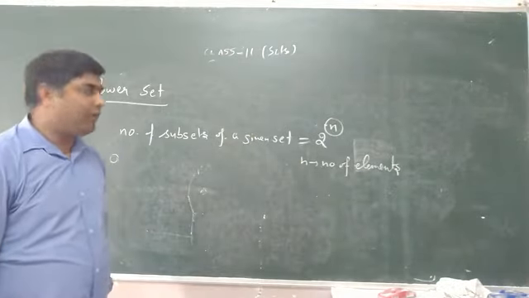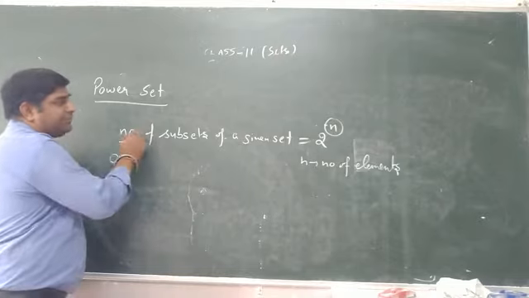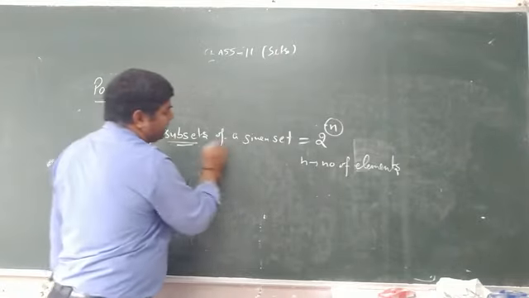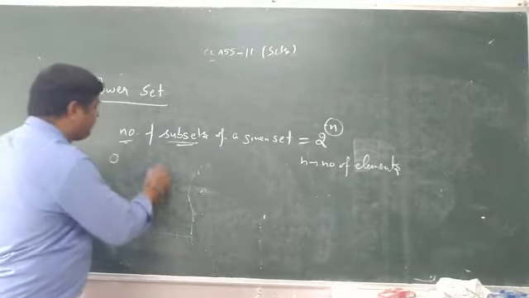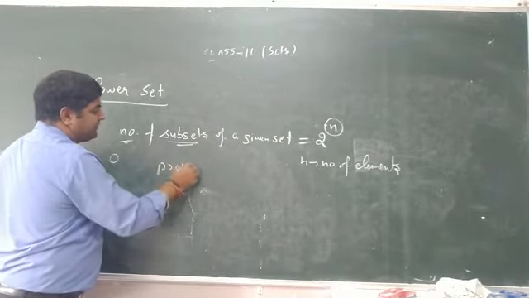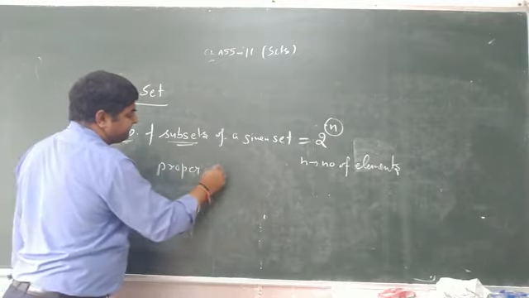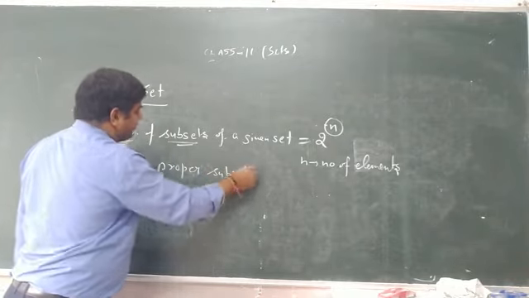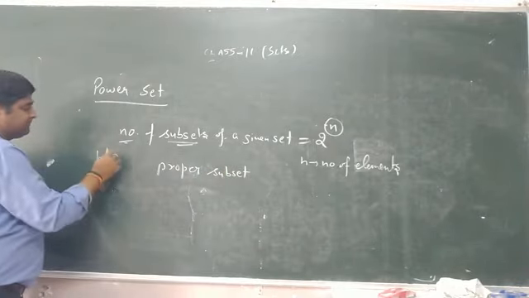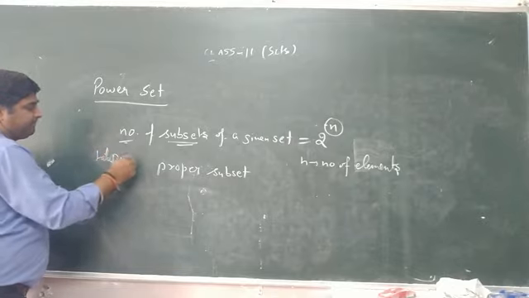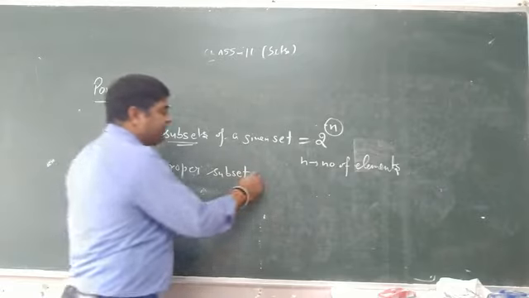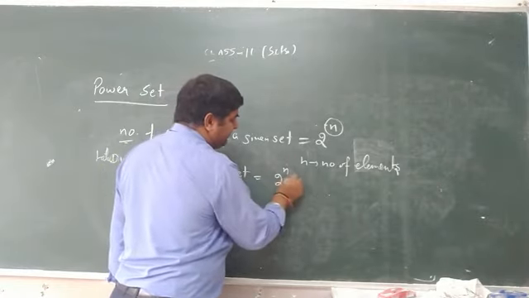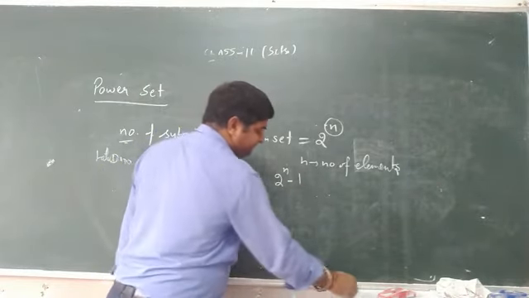This is how to find the total number of subsets of a given set. And if we have to find the proper subsets, the total number of proper subsets will be 2 power n minus 1.